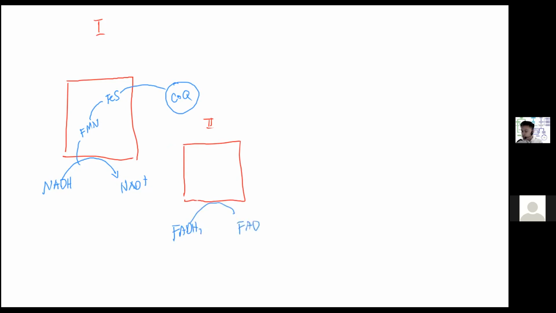What is present in your complex 2? It only comprises iron sulfur protein. So the electrons will pass in there and then pass to coenzyme Q. Afterwards, the coenzyme Q will pass its electrons to your complex 3.